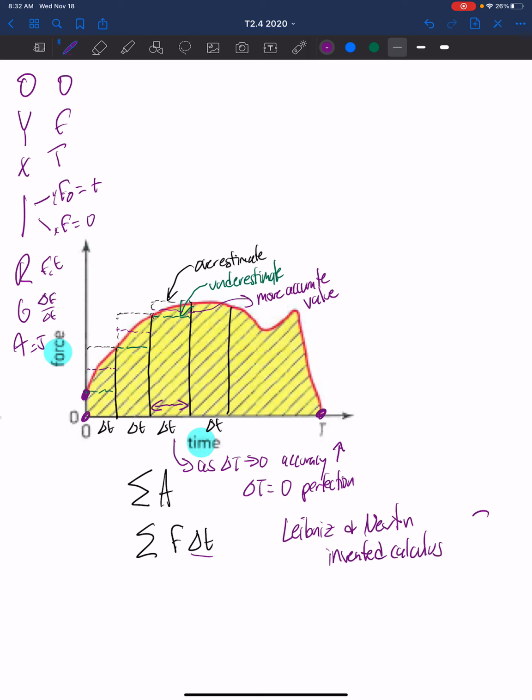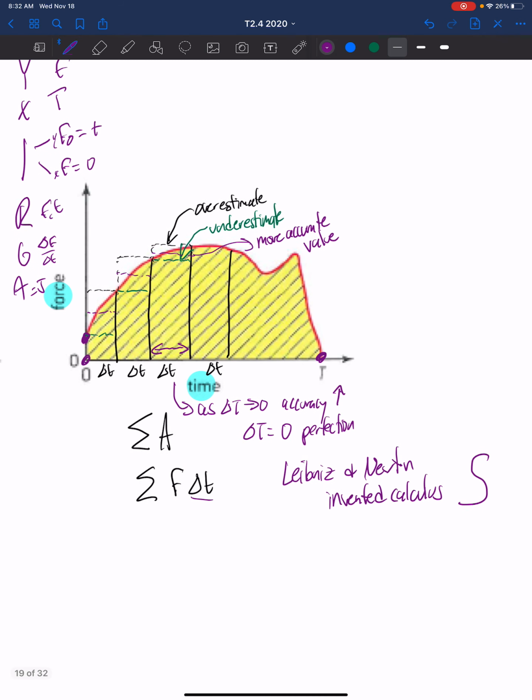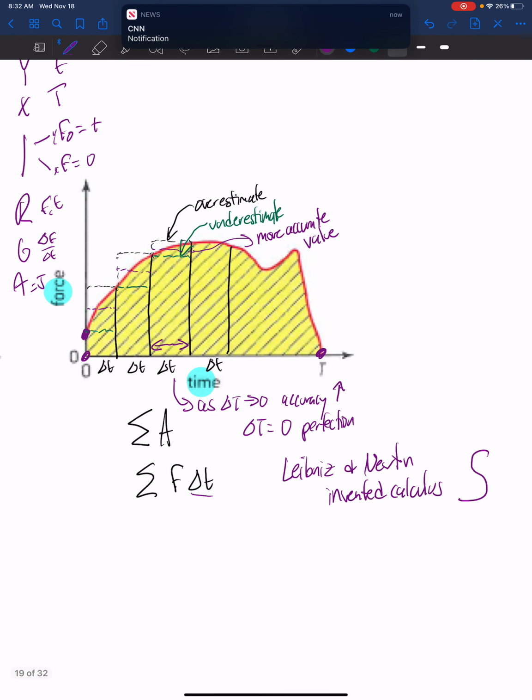In particular, the integral, which is a summation in this particular case. So it becomes very important for us to know what f of x is so that we can integrate it.